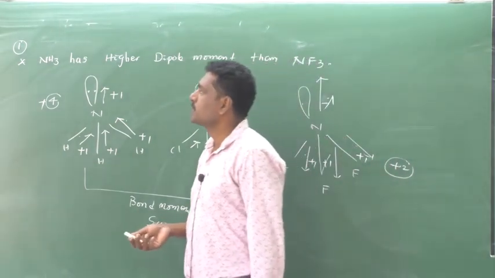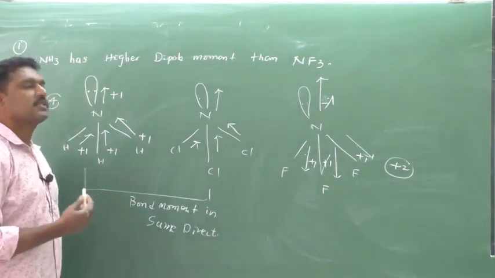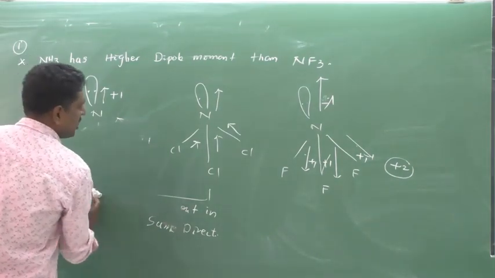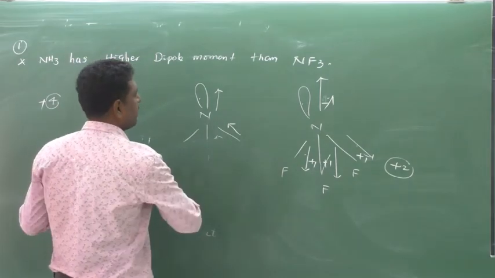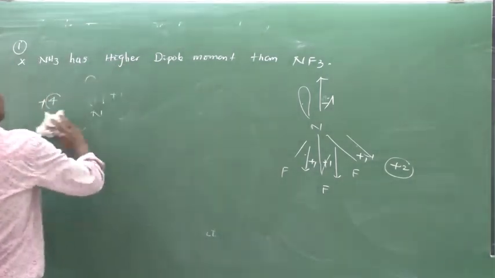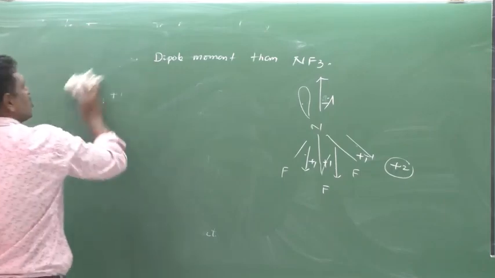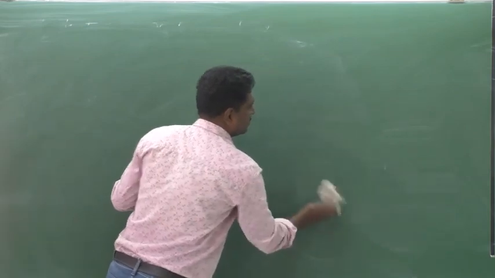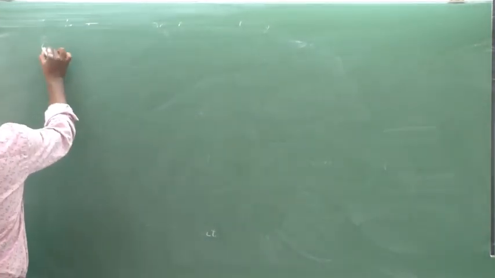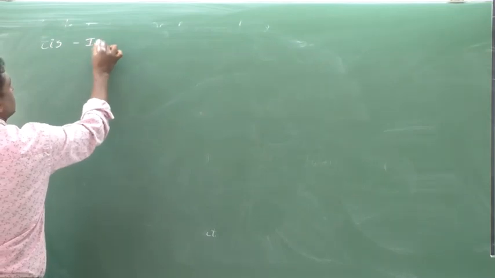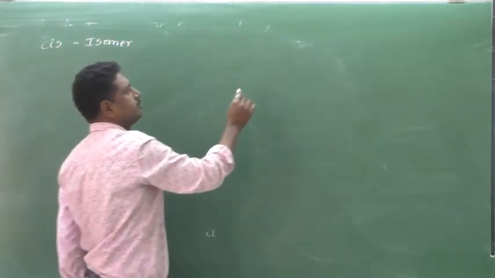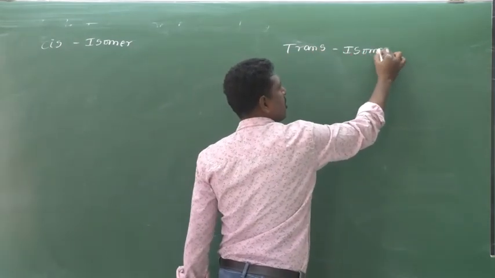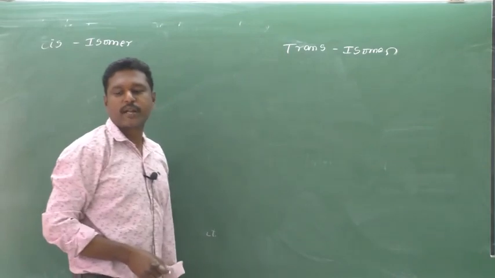After that, the second one is cis and trans isomers. Cis and trans isomers can also be separated. For example, I will explain here the cis isomer and the trans isomer.